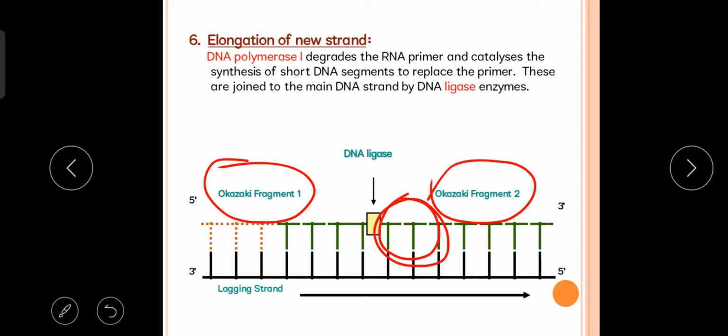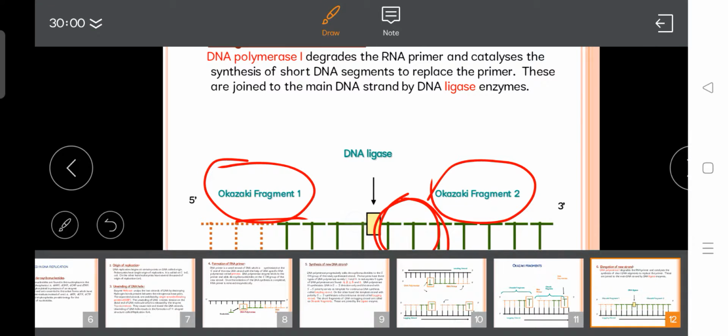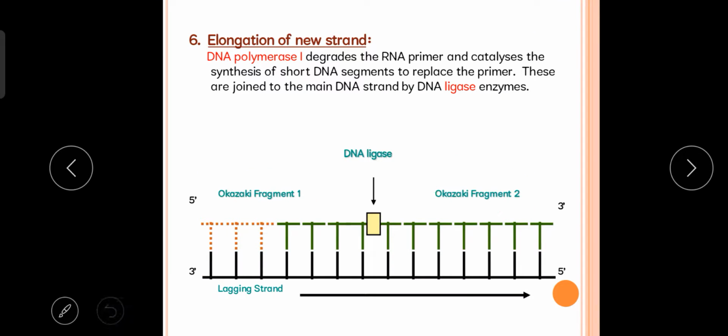After that the gaps between these two Okazaki fragments are filled up by this ligase enzyme. The yellow one is the ligase enzyme which joins the two strands of DNA. So this way the long chain of DNA elongates. One by one the RNA primers are removed by the DNA polymerase 1, and in those places the new sequence of DNA is formed, and all the short segments of DNA are joined together by this ligase enzyme.